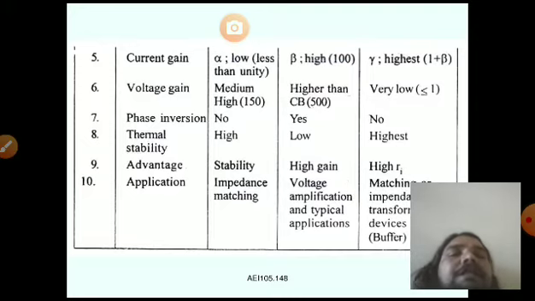Sixth factor is voltage gain. Voltage gain in common base configuration is medium high, that is 150.